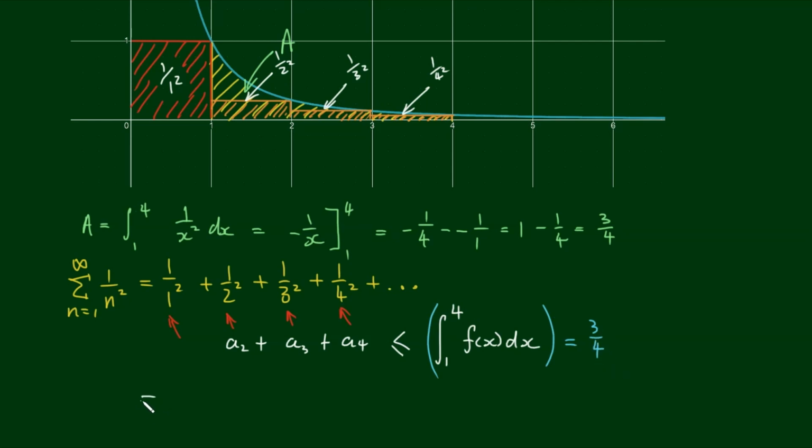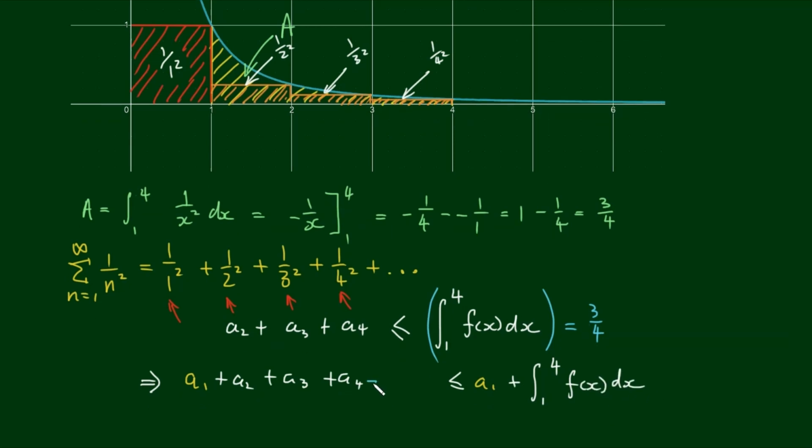So that implies then if we add the first term, let's put that in a different color, A1, and then plus the rest, A2 plus A3 plus A4 is going to be less than or equal to A1 plus the integral. So we're just adding A1 to both sides of this inequality of the integral from 1 to 4 of the function f of x with respect to x.